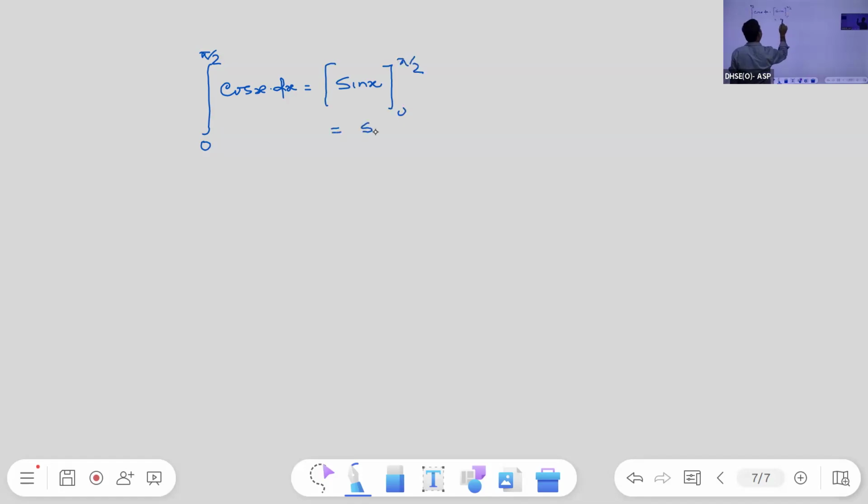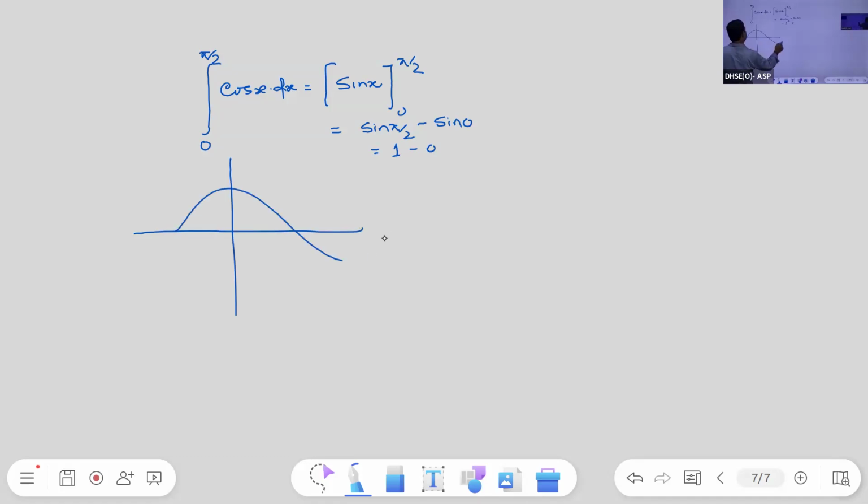This is equal to sin pi over 2 minus sin 0. Sin pi over 2 is 1, minus sin 0 is 0. So geometrically this represents the graph of cos x, which is like this, so this area is 1 unit.